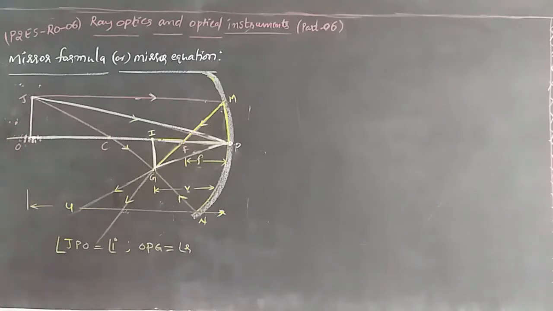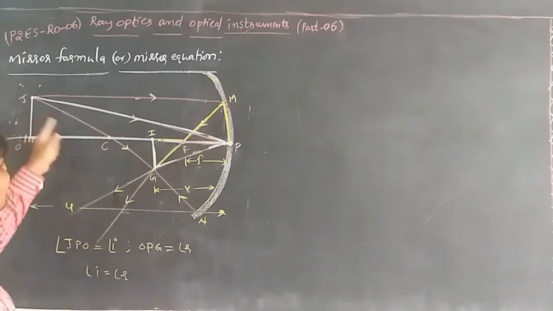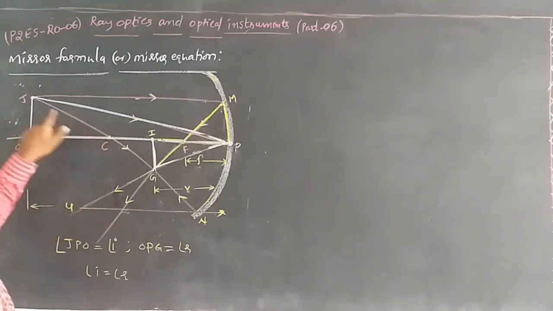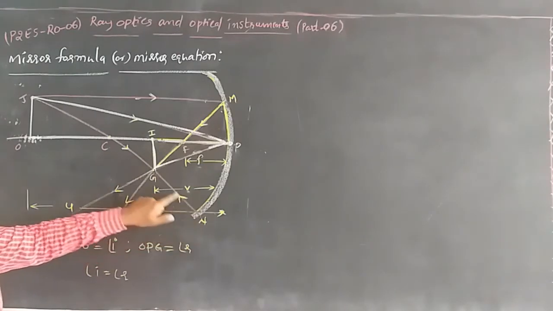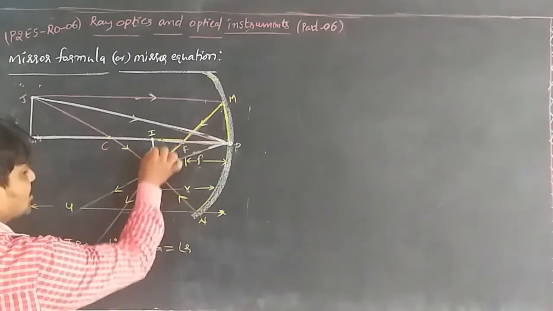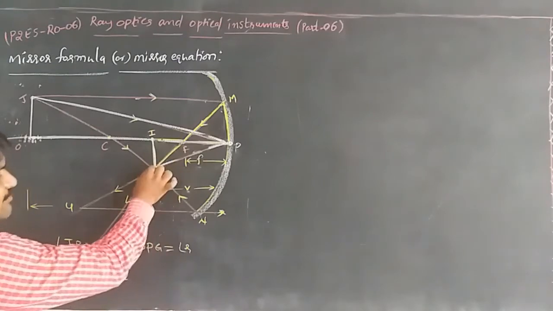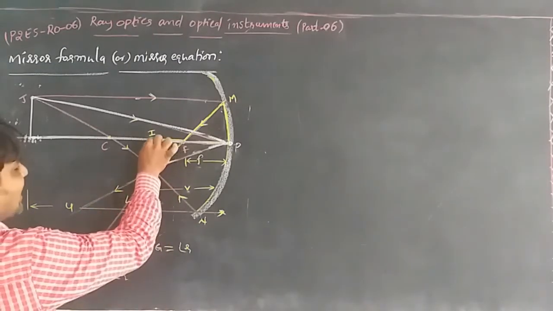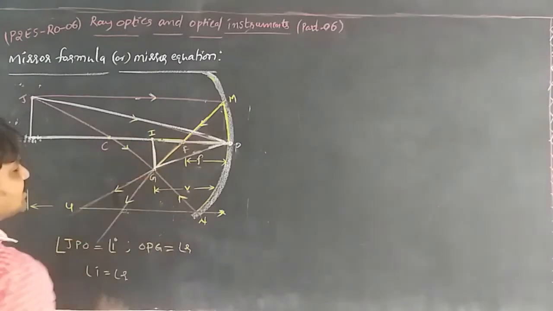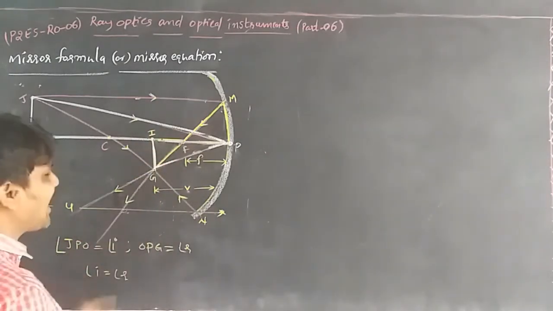According to the law of reflection, angle I is equal to angle R. The third ray passes through the center of curvature of the mirror, is incident on the mirror, and is retraced back along its path. So here an inverted image IG is formed at a point I on the principal axis.